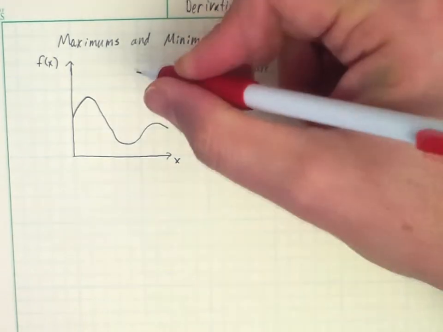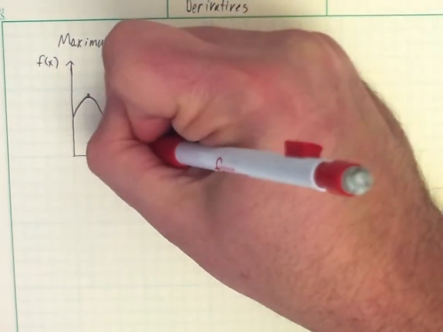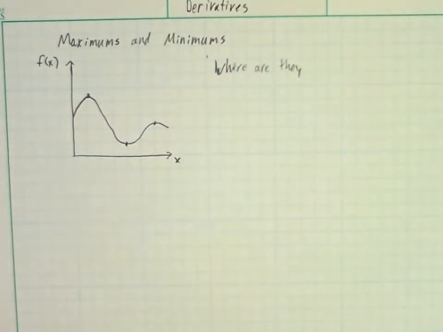Well, if we look at this function real quick, we know where the maximums are. They're there at this peak, they're down there, they're here where it turns around again. So we can see them easily, but what quality do they have that we can use to determine those sorts of things?